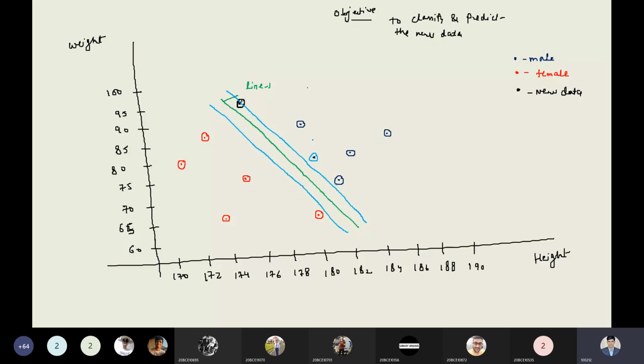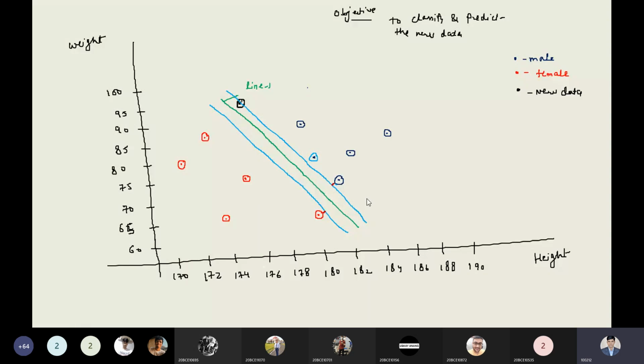There will be no variety, all the data points will be outside, but some data points may be close to the line. You can easily observe over here that this line is close to this point, and this line is close to this one. Just look at the different color data points, and I can use my pointer so you can easily understand.